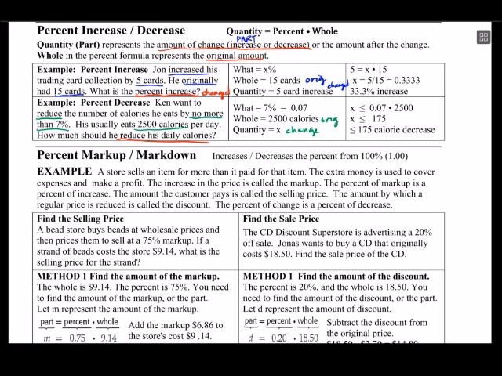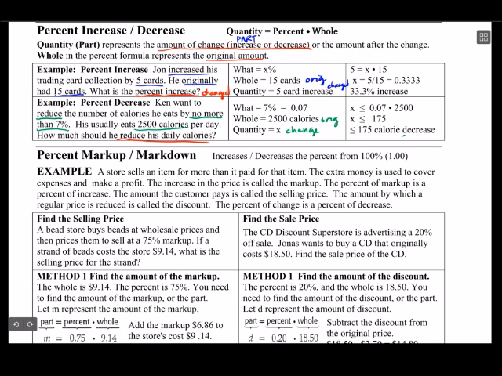So our percent is 7%, so 0.07, we divide by 100. Our part, our quantity, our change here is x, and we want it to be less than or equal to our percent times our original, which gives us 175.